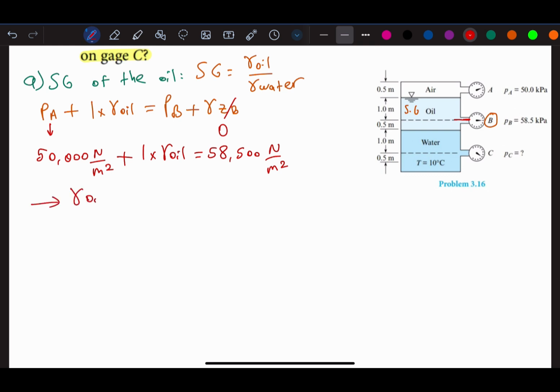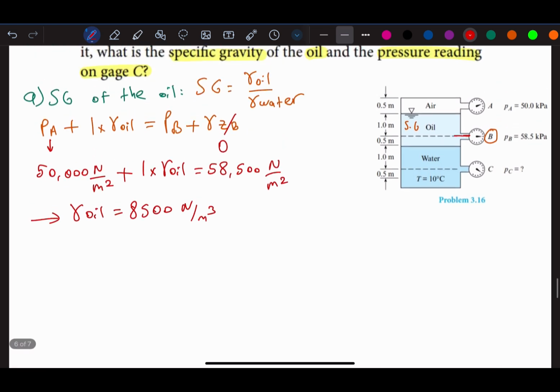And this is going to give specific weight of oil as 8,500 Newton over cubic meter. And using this first equation, we can calculate specific gravity of oil as 8,500 over 9,810 Newton over cubic meter.